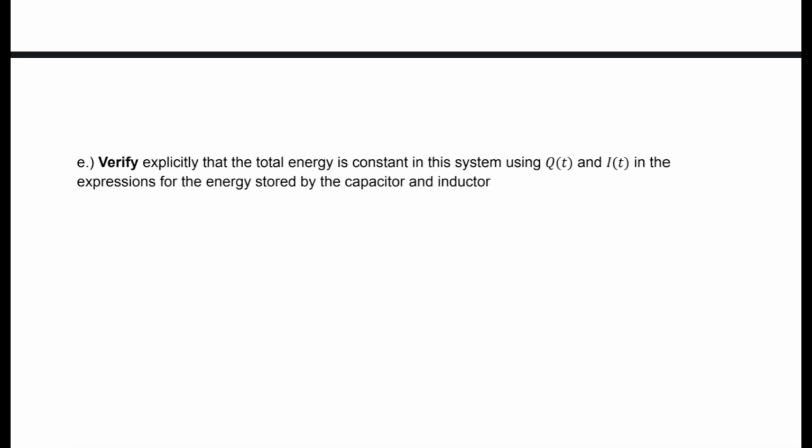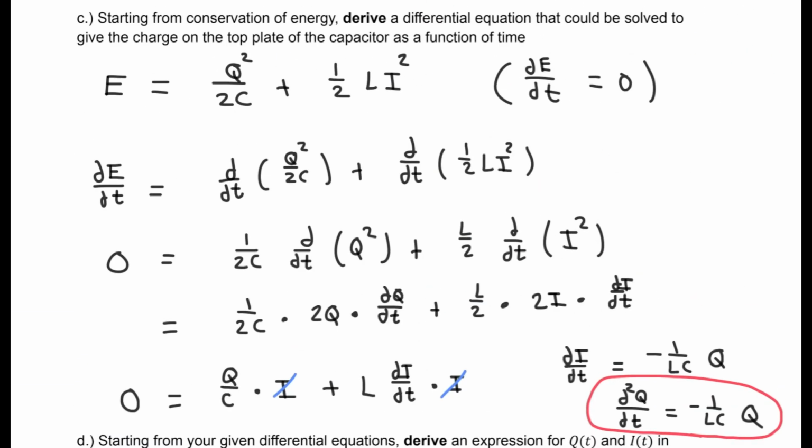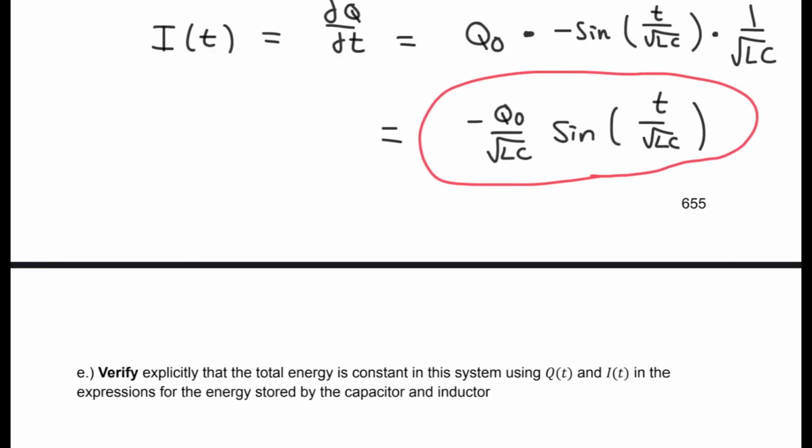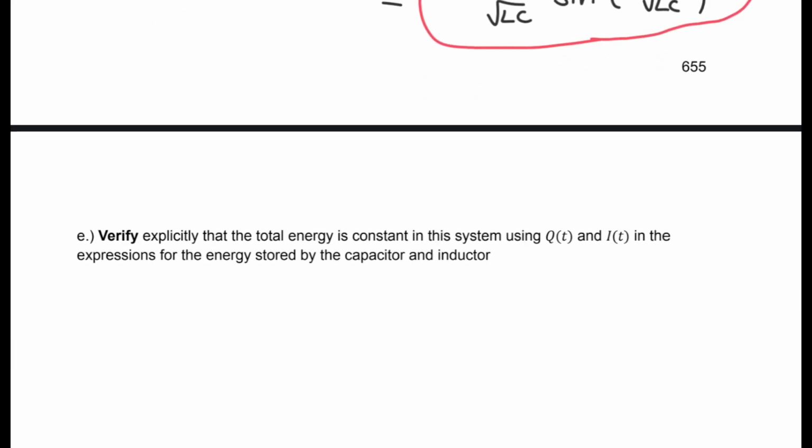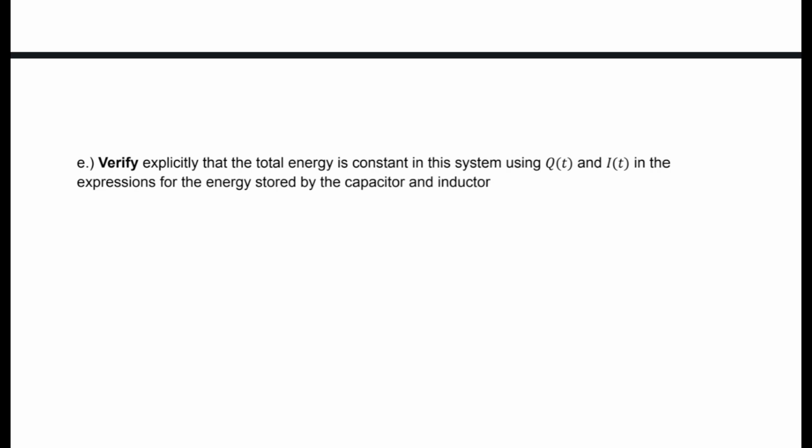And now we'll verify that the total energy in this system is actually constant. I mean, we know it is because we came up with a differential equation that shows it's constant. But just for the sake of doing this example, because I think it's kind of nice, verify that the total energy is constant here.